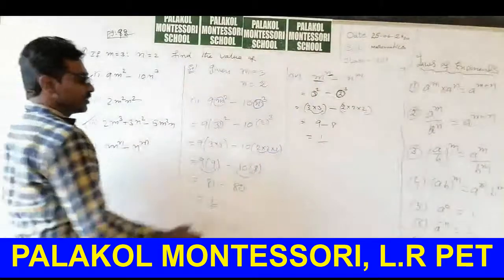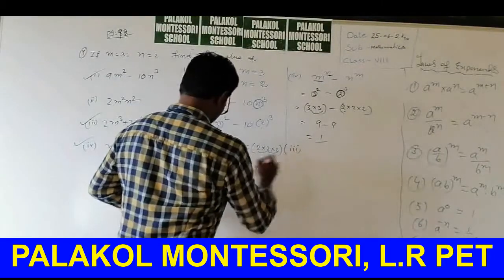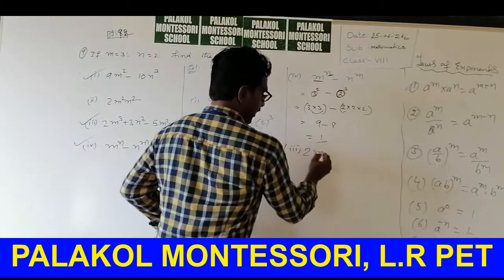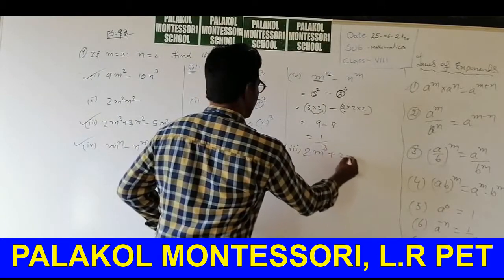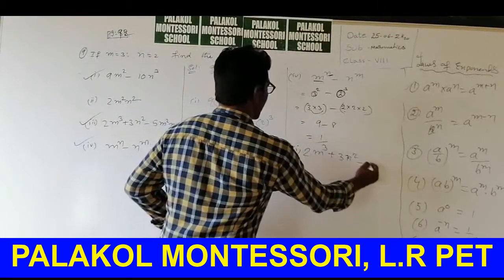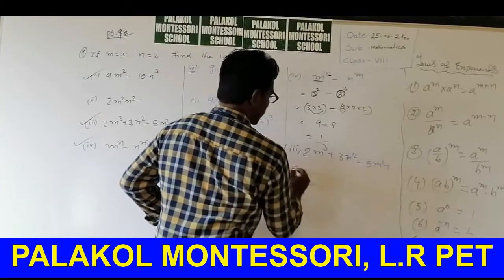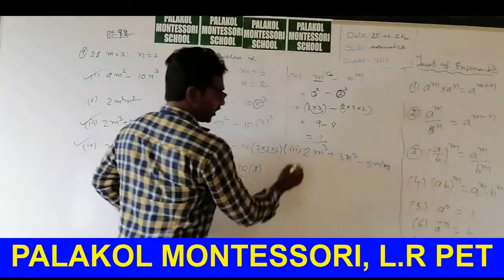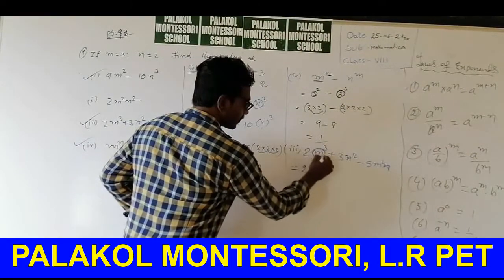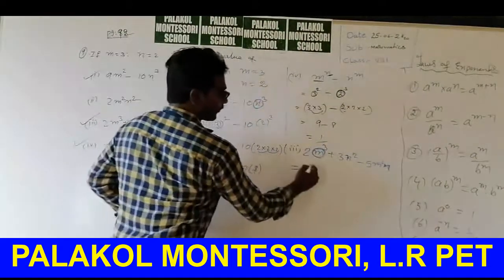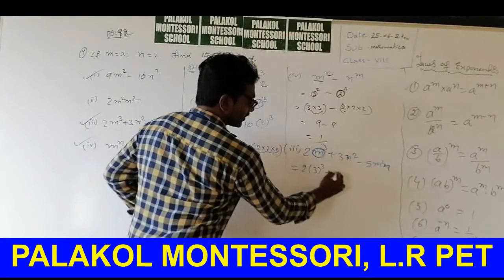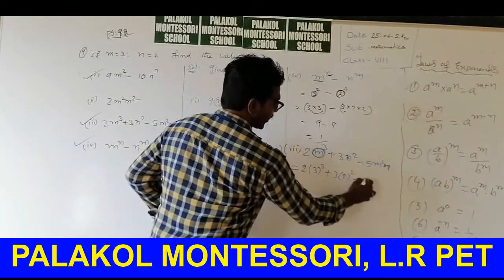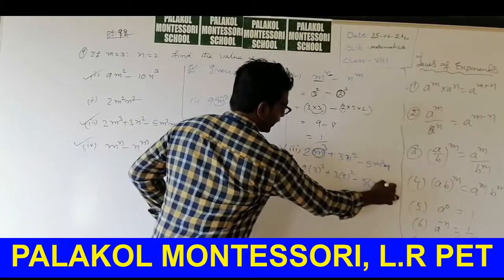Now I do the third question. 2m power of 3 plus 3n square minus 5m square n. In this place the value is 3, so 2 times 3 power of 3, plus 3 times 2 square, minus 5 times 3 square into 2.